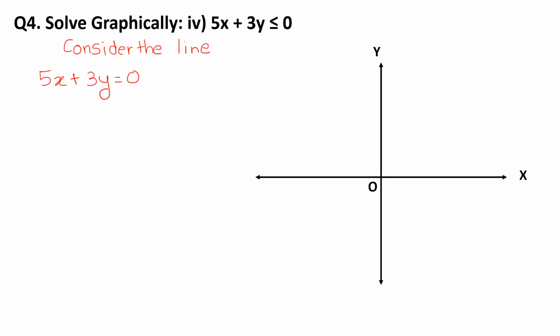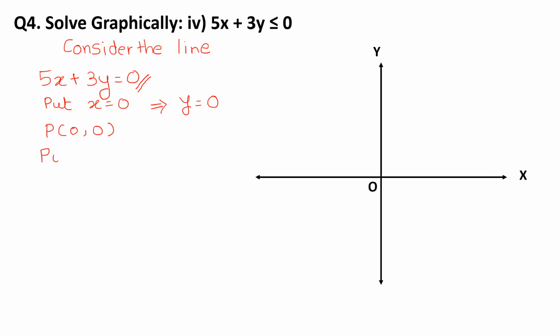I should find the 2 points and their corresponding coordinates to draw the line. Firstly, I will put x equal to 0. If I put x equal to 0, I get y equal to 0. So the first point that I got has coordinates x equal to 0 and y equal to 0. Now here again observe, on the right hand side you have 0, so I cannot put y equal to 0 again to calculate the second coordinate.